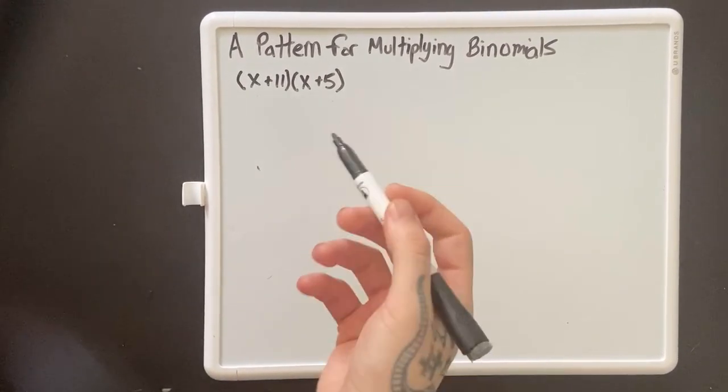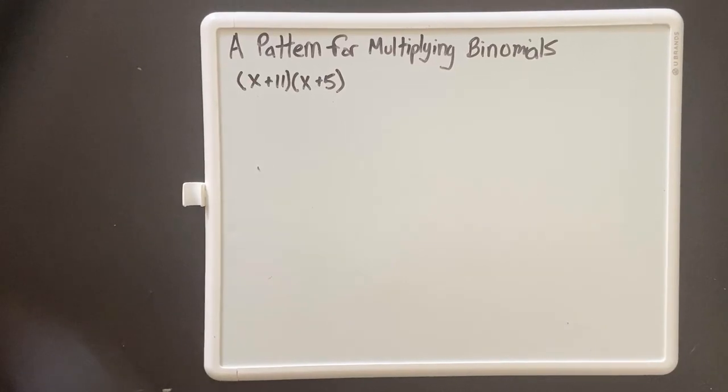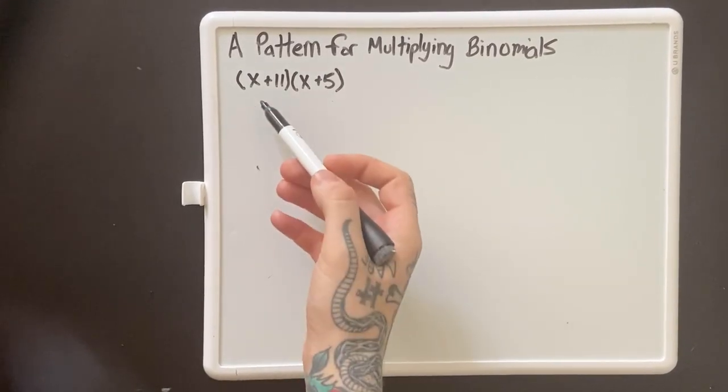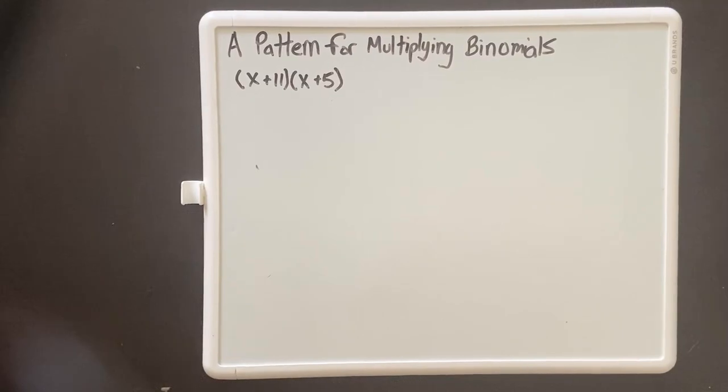So first we're going to look at these two binomials being multiplied together: x plus 11 and x plus 5.